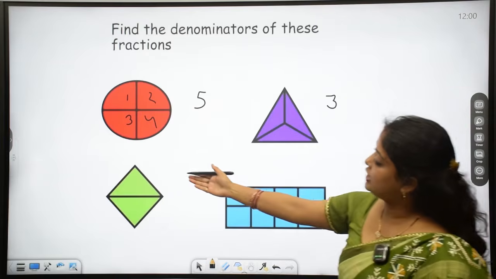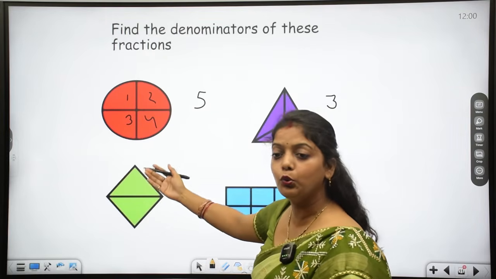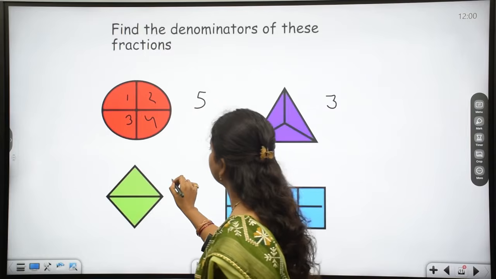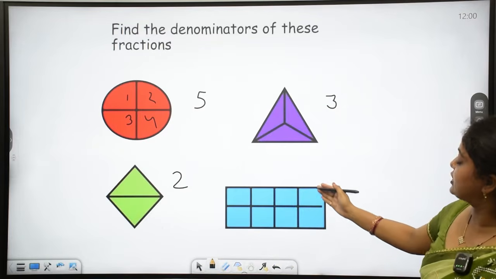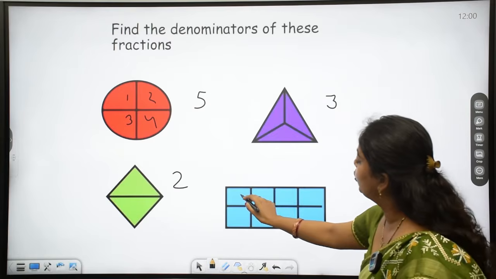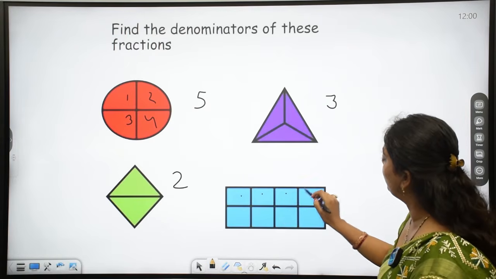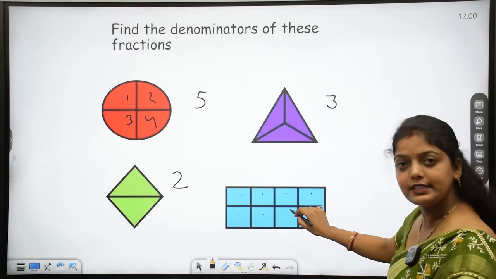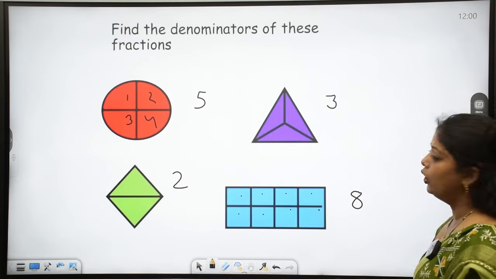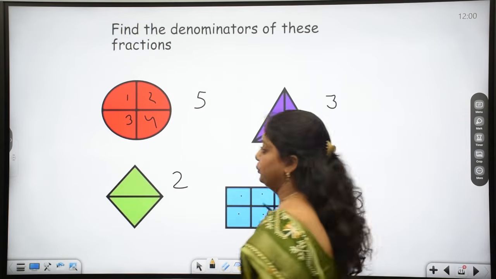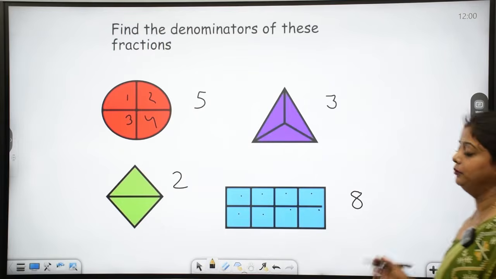Next one, this figure is divided into 2 parts, so the denominator is 2. And the total parts of this one are 1, 2, 3, 4, 5, 6, 7 and 8. So the denominator is 8. Hope this is clear to you. Now, next.